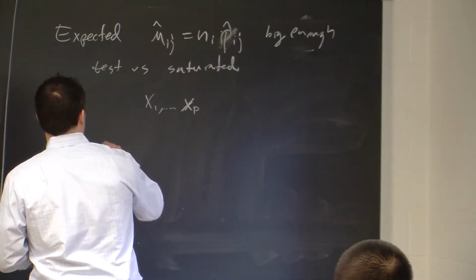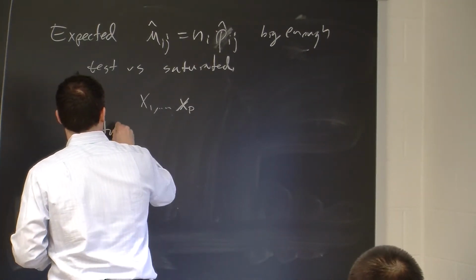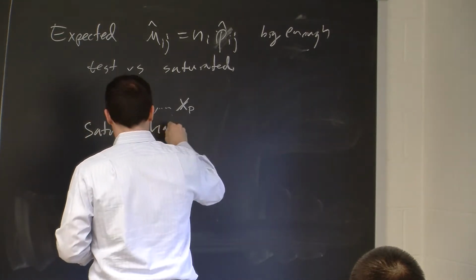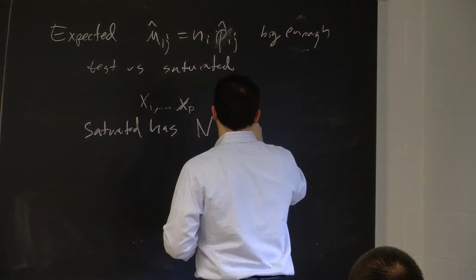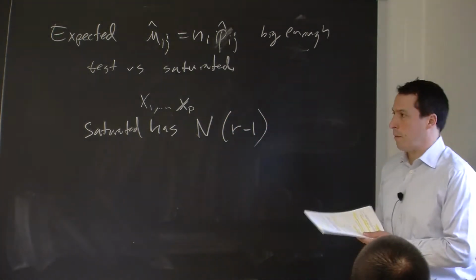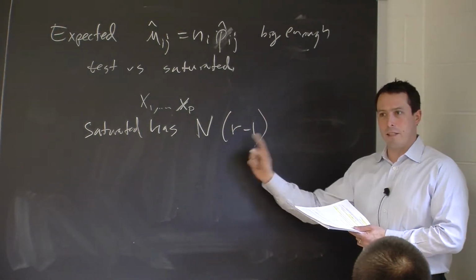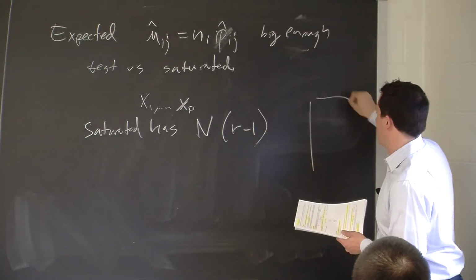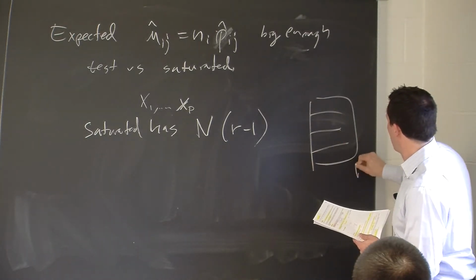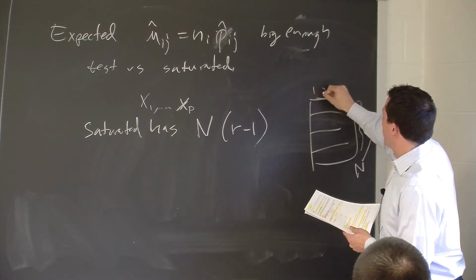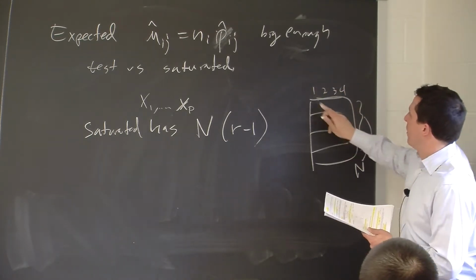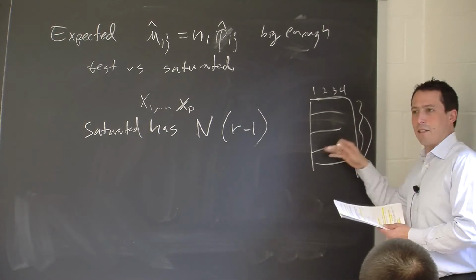So in this case, the saturated model has number of rows times number of outcomes minus 1, because it's a conditional probability, right, given any row. So remember, there's n rows and there's outcomes 2, 3, 4, and each row has to sum to 1, because it's a conditional probability.